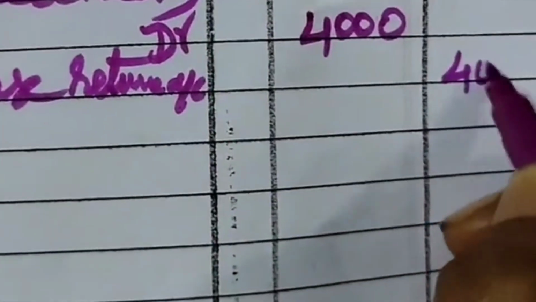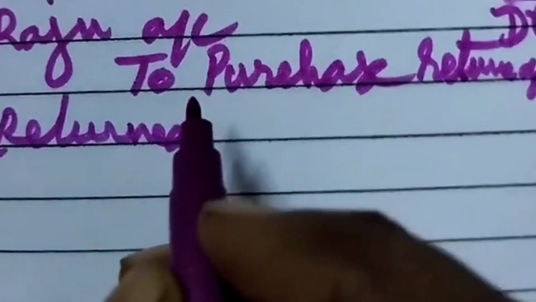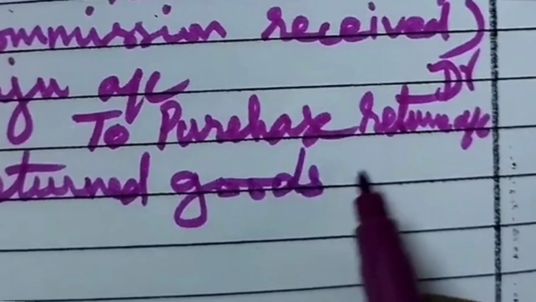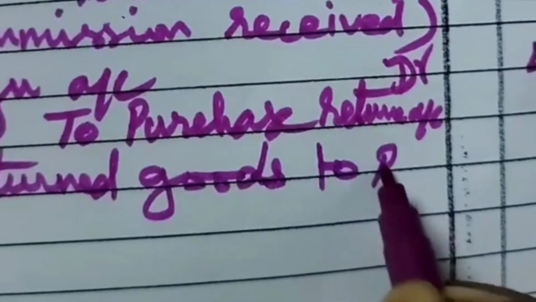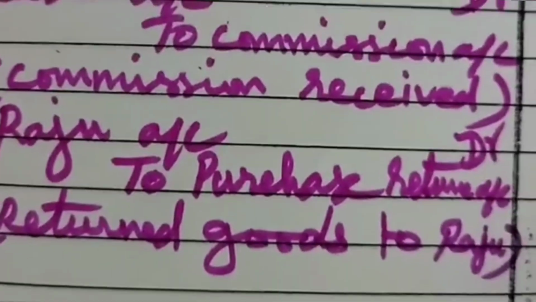Narration: Return goods to Raju. That's it. Now we can go to the next transaction.